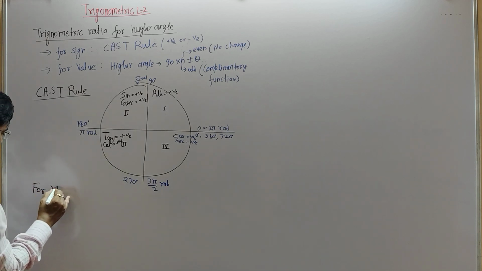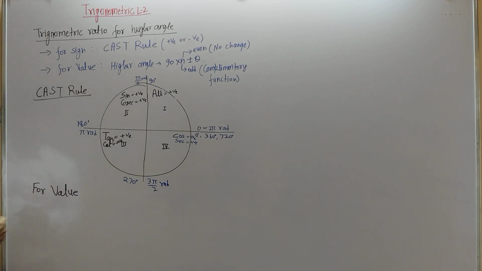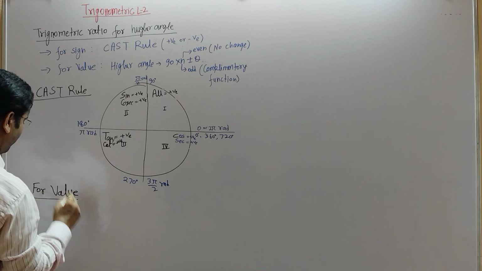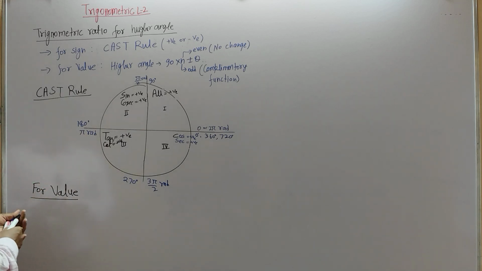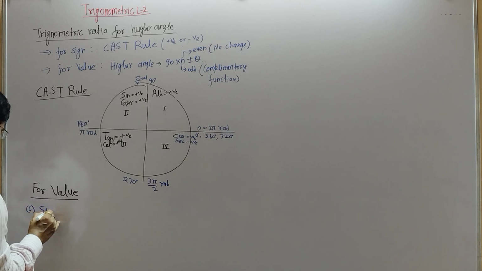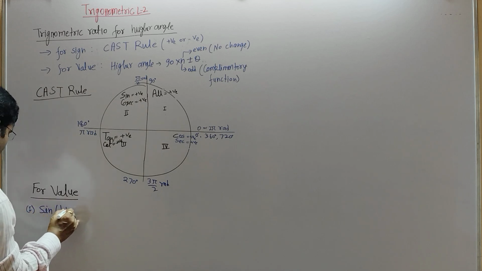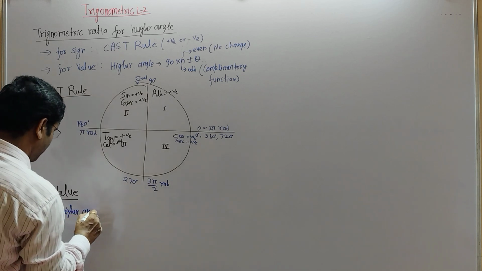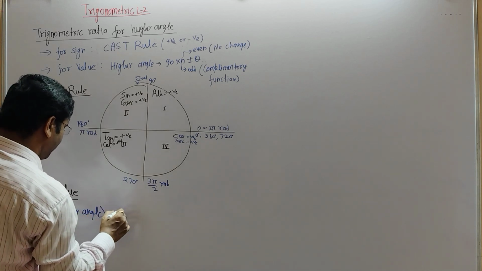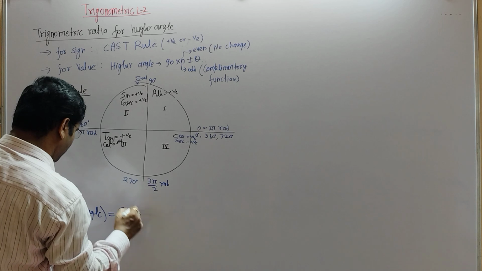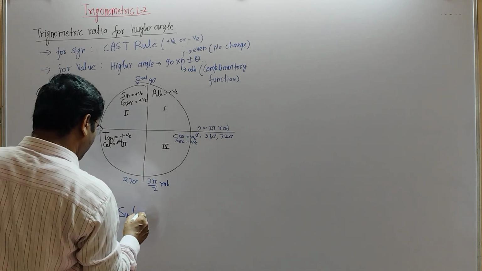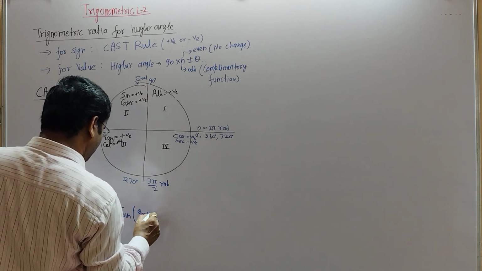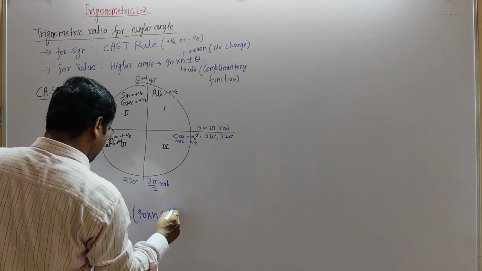For the value of a trigonometric ratio, we have to convert it. Let's say the first one is sine of a higher angle. This higher angle is converted into the form 90 times n plus or minus theta.